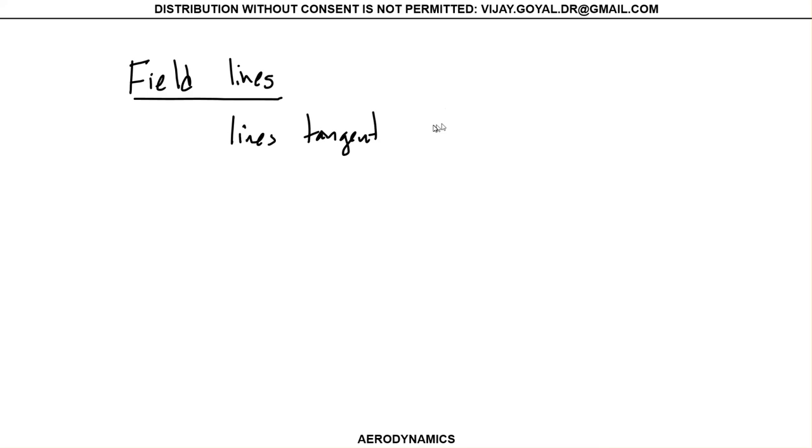Okay. So another thing that we also have in fields, we call something called field lines. This is what we spoke in the last topic, like streamlines, for example. Field lines are nothing else than lines tangent to a vector quantity at each point along the line.